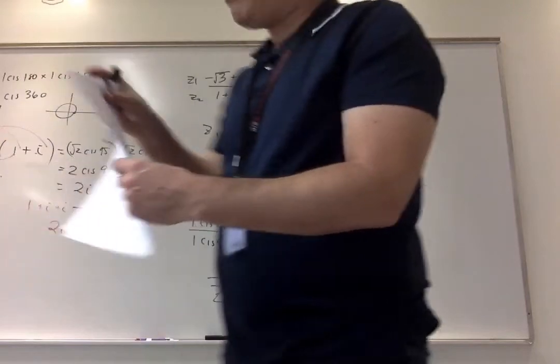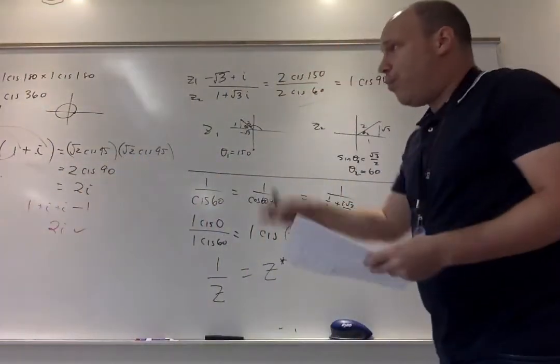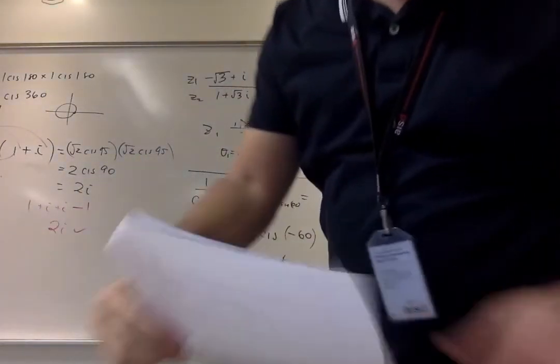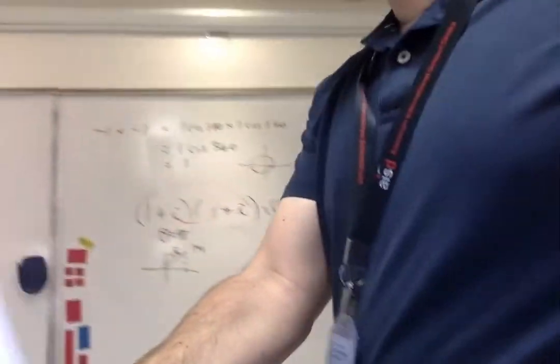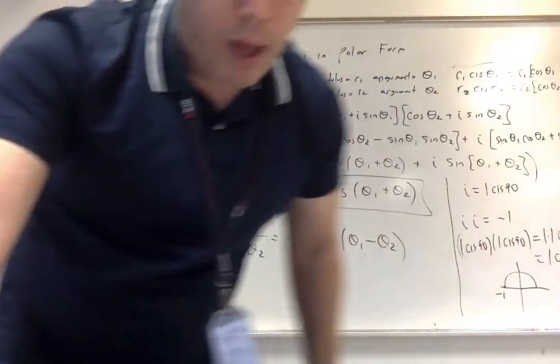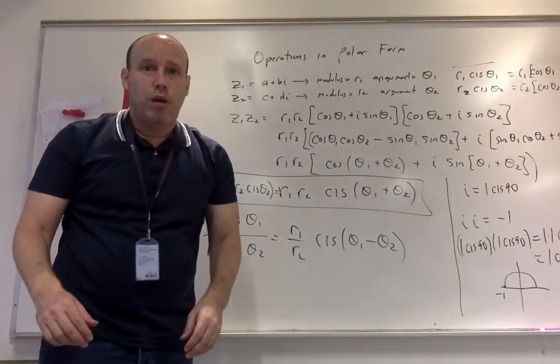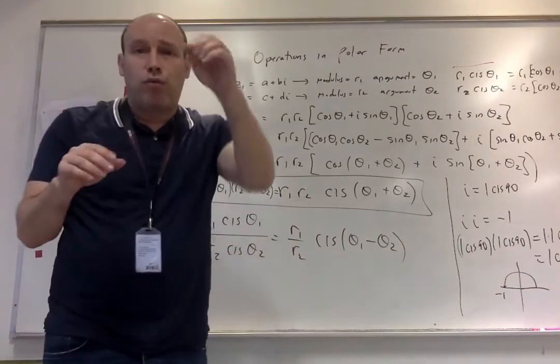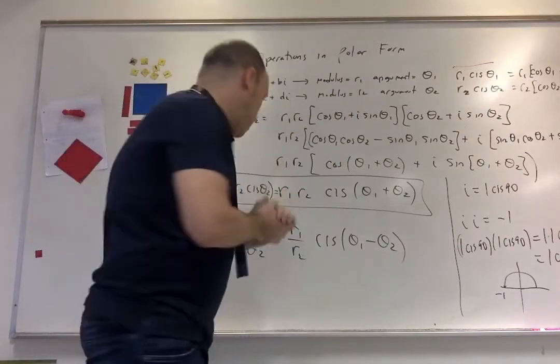Now, here's the great thing about complex numbers. I mean, we've done the operations and stuff, but just remember, this is awesome. Just remember that when you multiply by a complex number, you're merely rotating it by its argument. That's it.